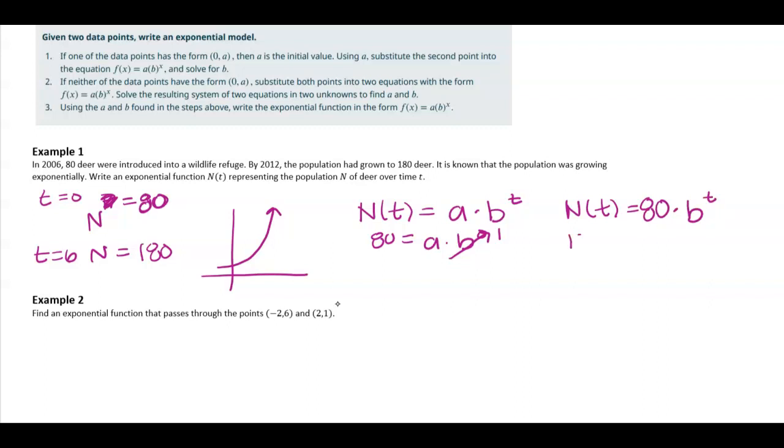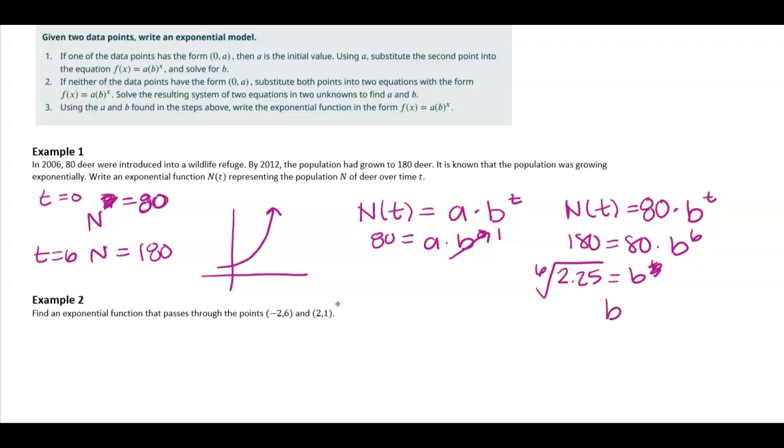Next, I know that 180 is equal to 80 times b to the power of 6. I'm going to divide 180 by 80, and I get 2.25 equals b to the power of 6. And to undo that power of 6, I'm going to take the 6th root of that number.